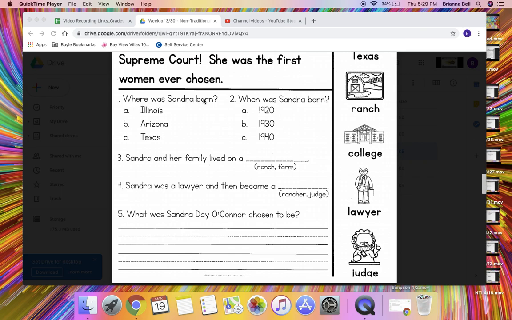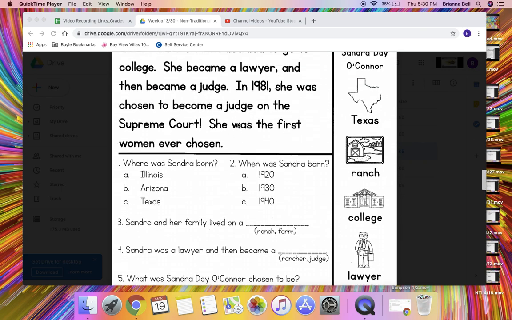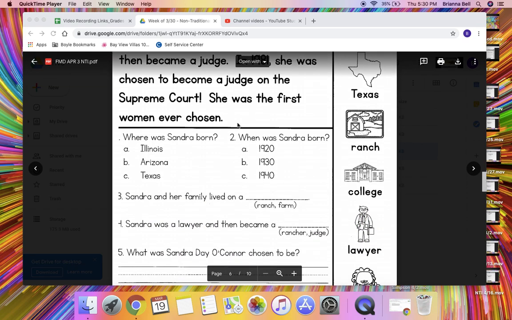Where was Sandra born? Is it A, Illinois, B, Arizona, or C, Texas? Number 2, when was Sandra born? Was it A, 1920, B, 1930, or C, 1940?